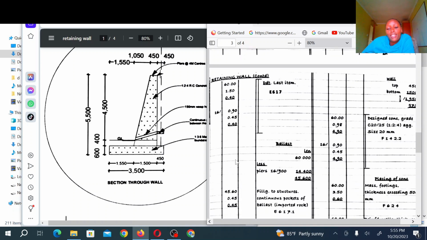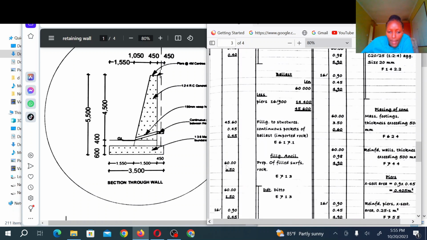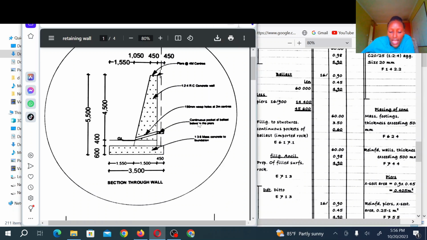So the next part we should go to is doing the ballast. Where shall we be doing the ballast? You see, ballast shall be done everywhere we do not have the piers. Then, in the drawing, we had been told there are continuous pockets of ballast between the piers.